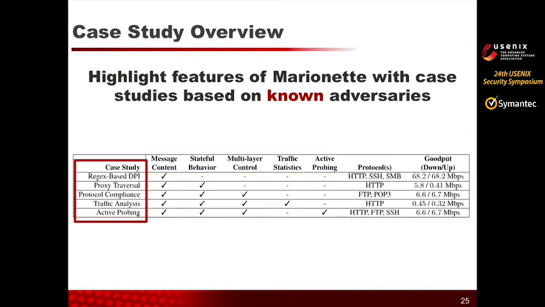So obviously there's a lot of different case studies here. I'm only going to be talking about the proxy traversal and the traffic analysis ones very briefly. But the one thing I did want to point out was the variety of protocols that we were able to accomplish. Some of these have never even been considered before in the obfuscation literature, like POP3 or FTP.